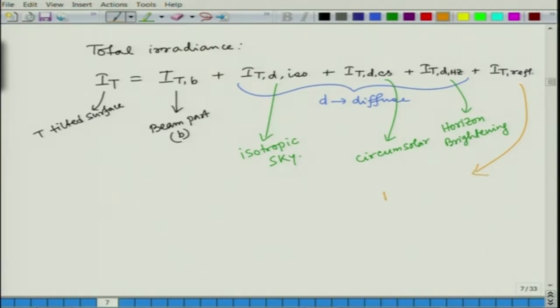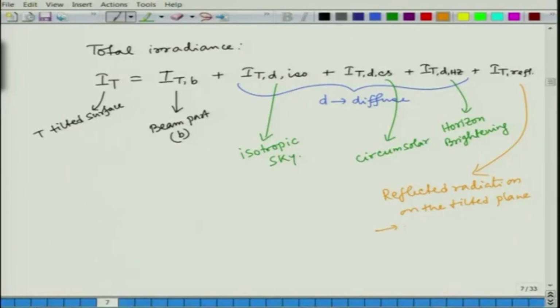The last one that we see here is the reflected radiation on the tilted plane. So, this reflection is coming from other than the background ground reflection.